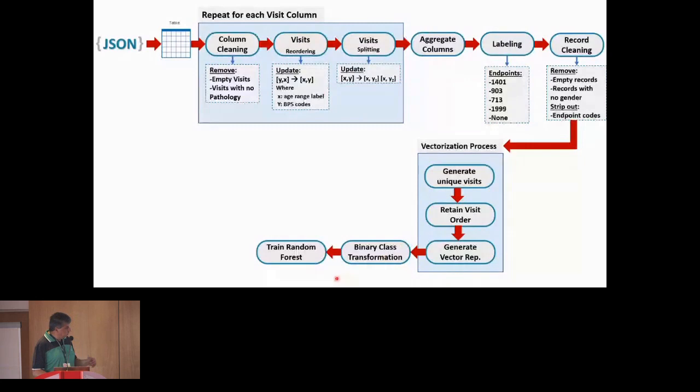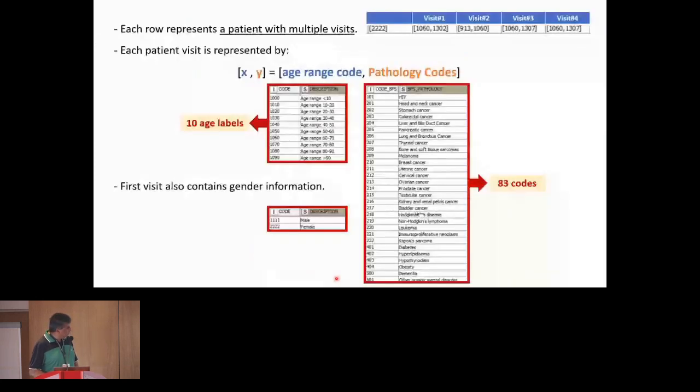And then we train not just random forest, we train a lot of machine learning algorithms. Just to give you an example, each row represents a patient with multiple visits. For example, 222 is the gender. Each record starts with the gender, or 111. The visit looks like this: 106, for example, is the age. This is the code of the age, so the range, for example, is less than 10.